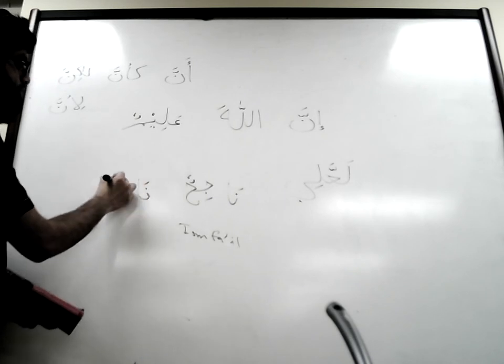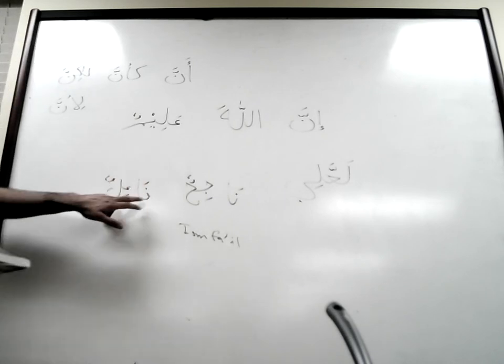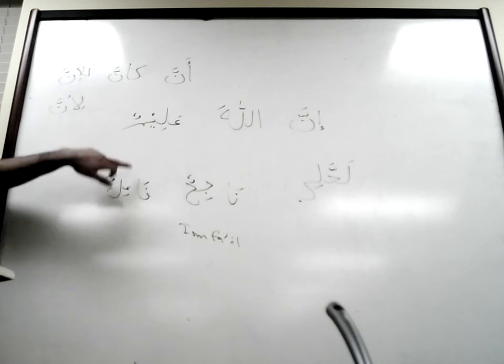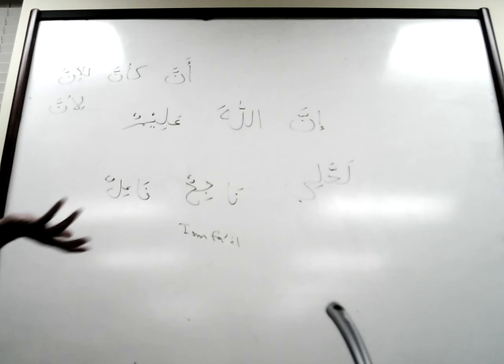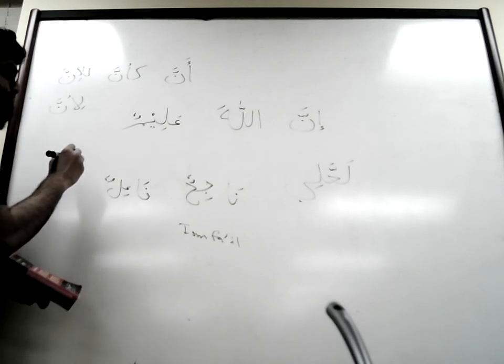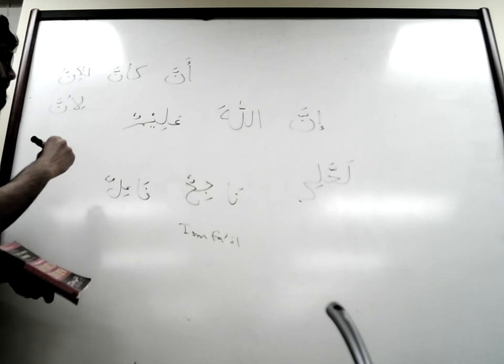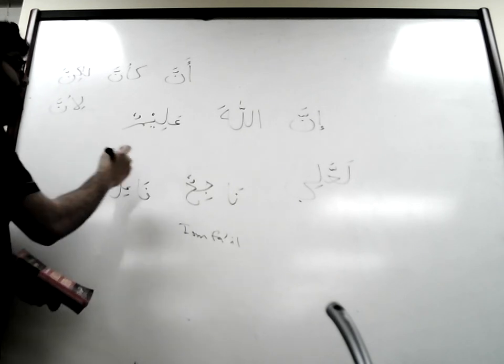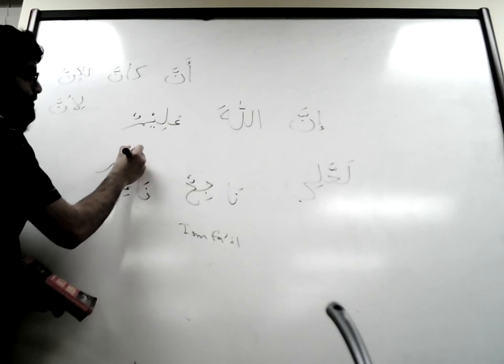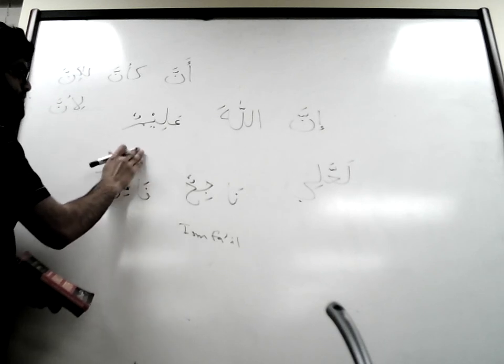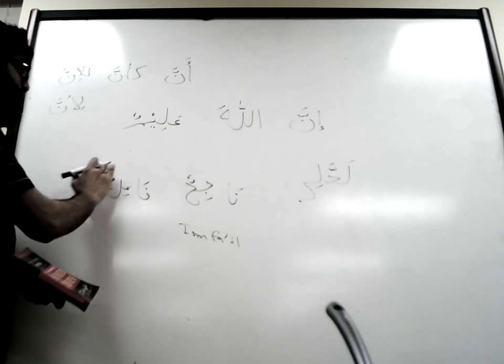Fa'ilun. So after the first fa kalima, you put an alif. The ain kalima gets a kasra, and then the lam has 2 dhammas. Let's do a different one.